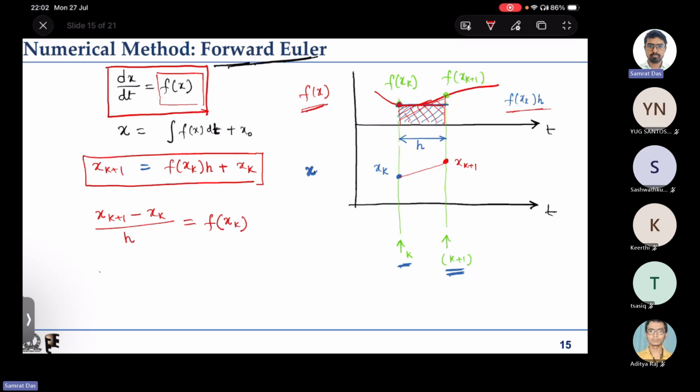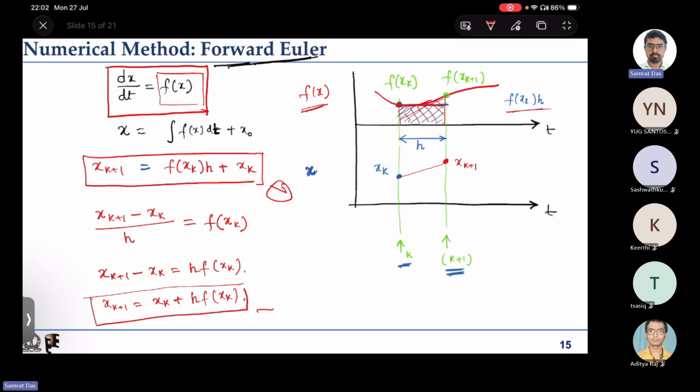If you rewrite the equation, xk plus 1 is equal to xk plus h into f of xk. You can see that this is the same as what we obtained graphically.